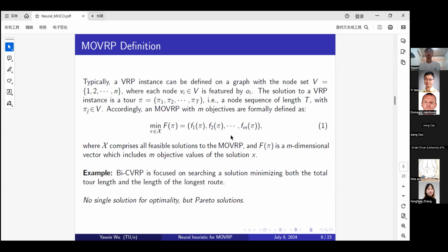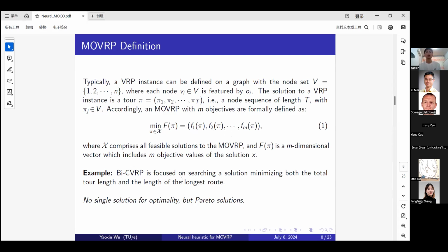And for each objective, we will have a weight. All the weights for the objectives are called the preference. You can imagine the preference is a vector, and in the vector each element is a weight for each objective.